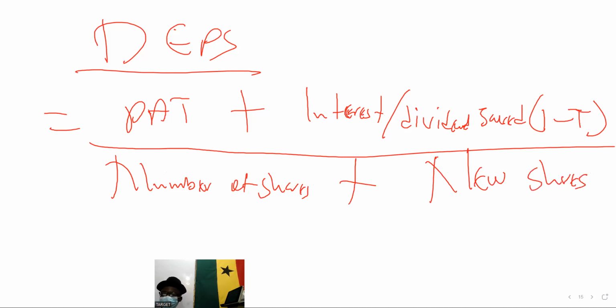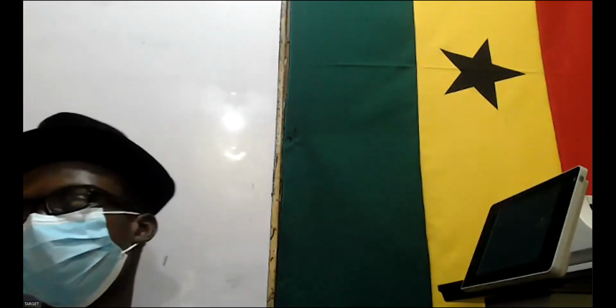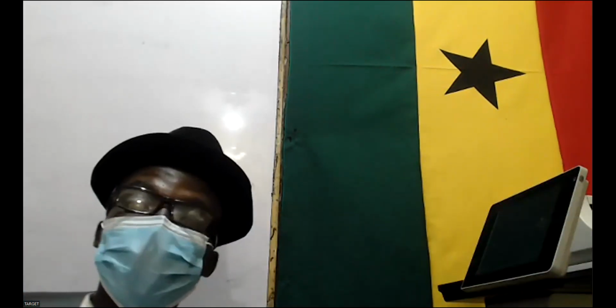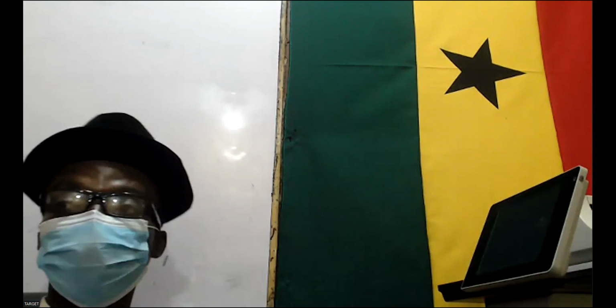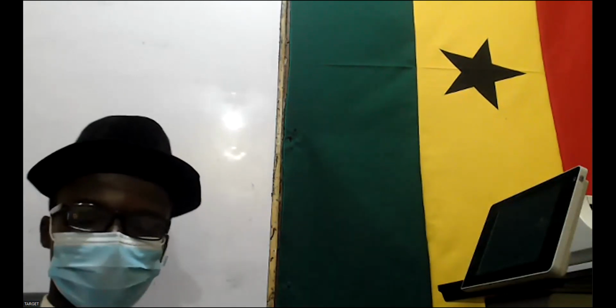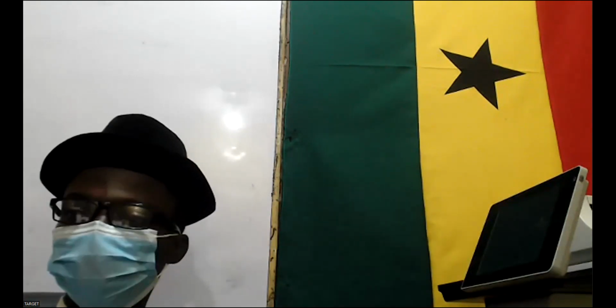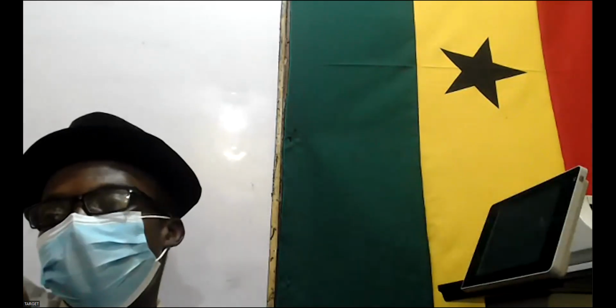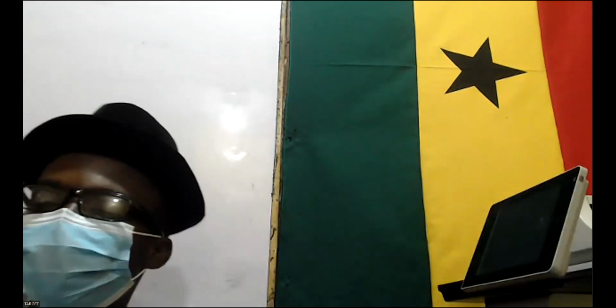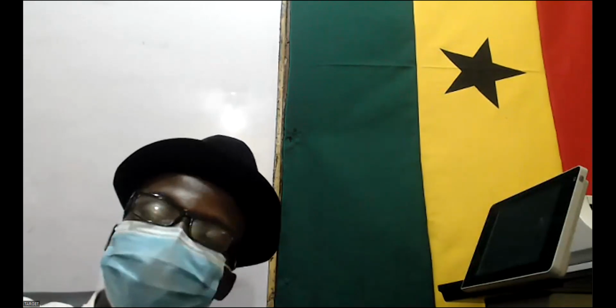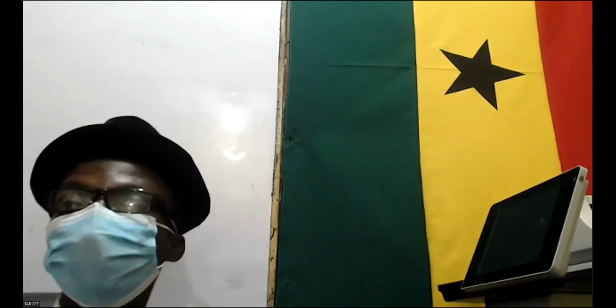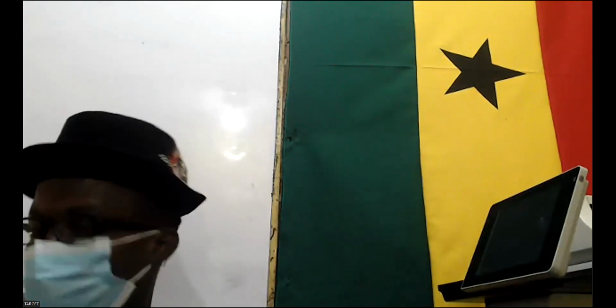You see, there will be a debt instrument. Debt, where you pay interest on debt. You don't pay dividends on debt. You pay interest. But this debt is potential ordinary shares, meaning that one day it can be converted into shares. So you pay interest.